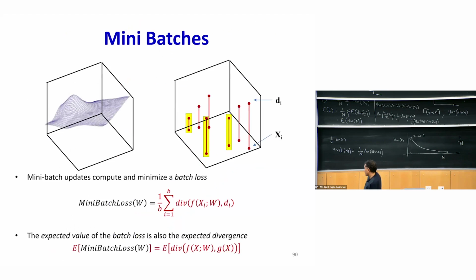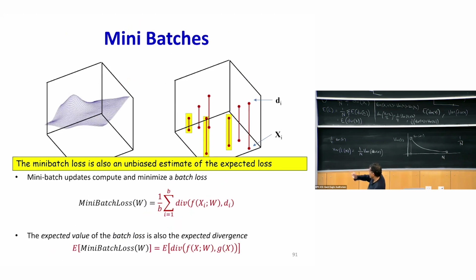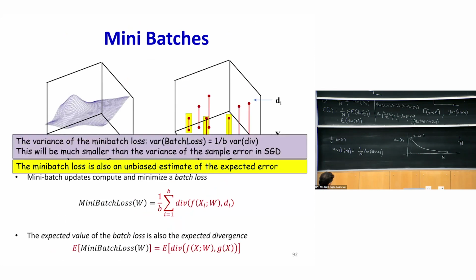So for the mini batch, the expected value, again, is an unbiased estimator. The expected mini batch loss is the actual function you're trying to minimize. But the variance is going to be 1 over b. So as you keep increasing the mini batch size, the variance of the loss from sample to sample keeps decreasing, right? If you have a mini batch size of 1, that's your variance.